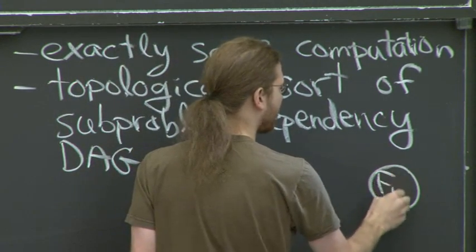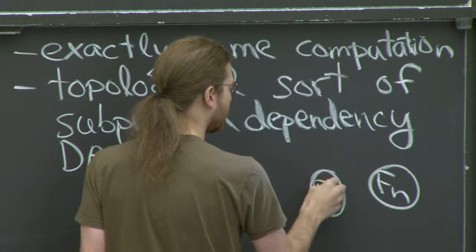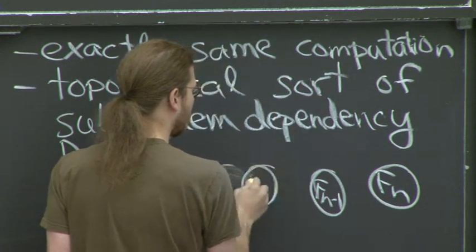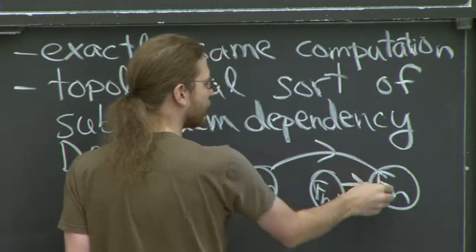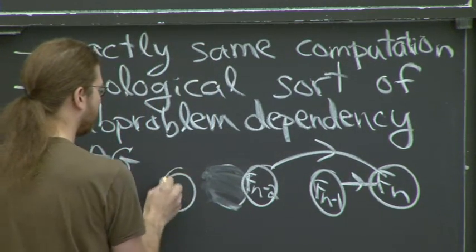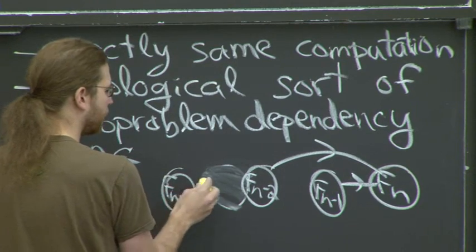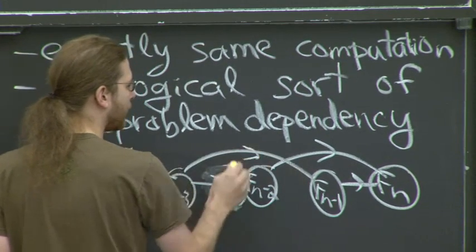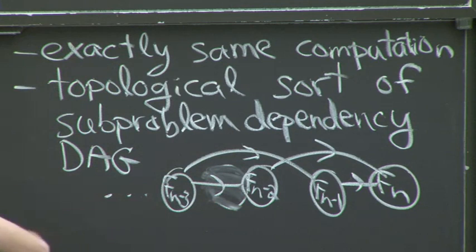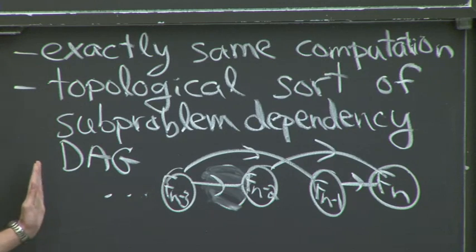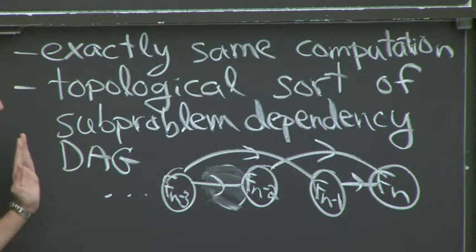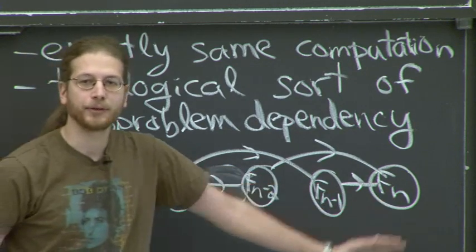In order to compute fn, I need to know fn minus 1 and fn minus 2. If I know those, I can compute fn. Then there's fn minus 3, which is necessary to compute this one and that one, and so on. So you see what this DAG looks like. Now I've drawn it conveniently so all the edges go left to right. So this is a topological order from left to right. And so I just need to do f1, f2, up to fn in order.